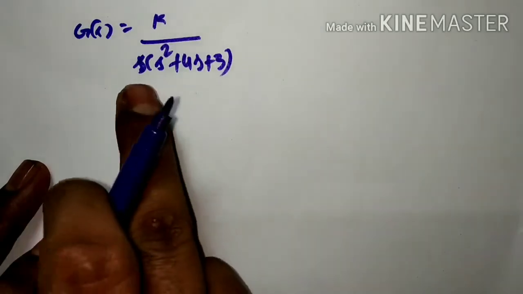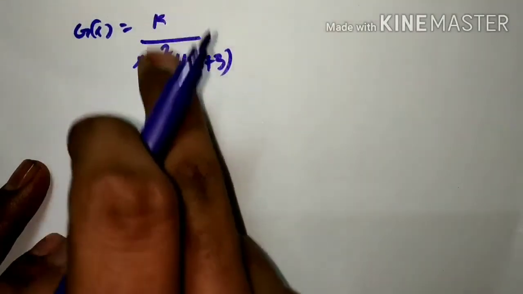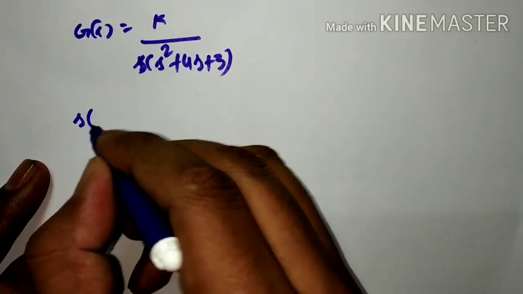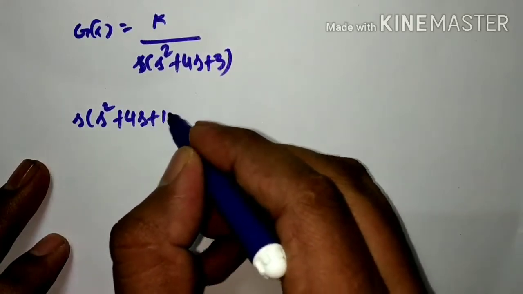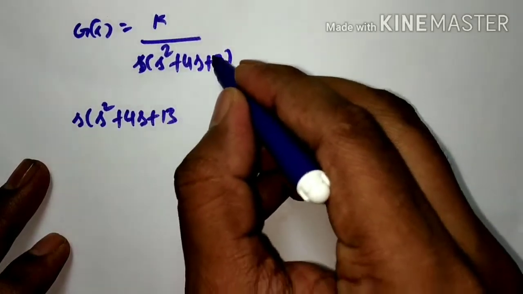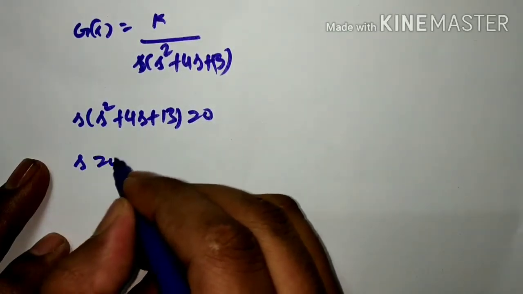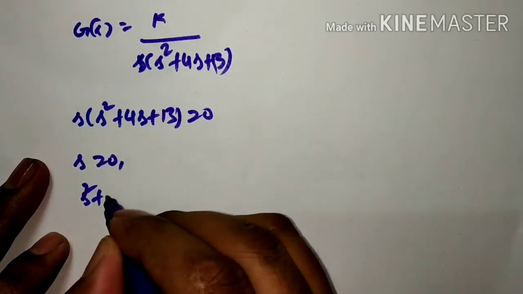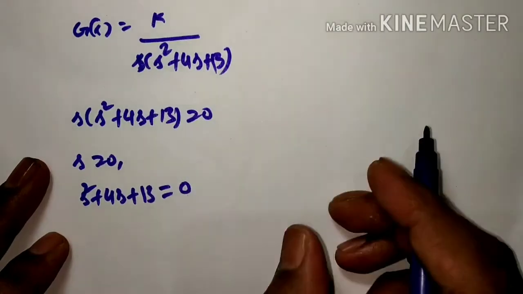You can find the poles from the denominator, s(s² + 4s + 13) = 0. So one root is s = 0, and the other equation is s² + 4s + 13 = 0.